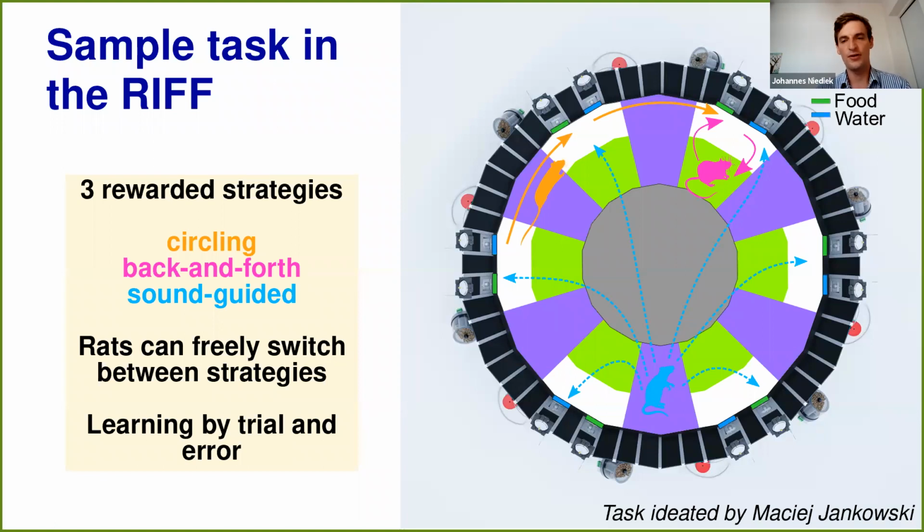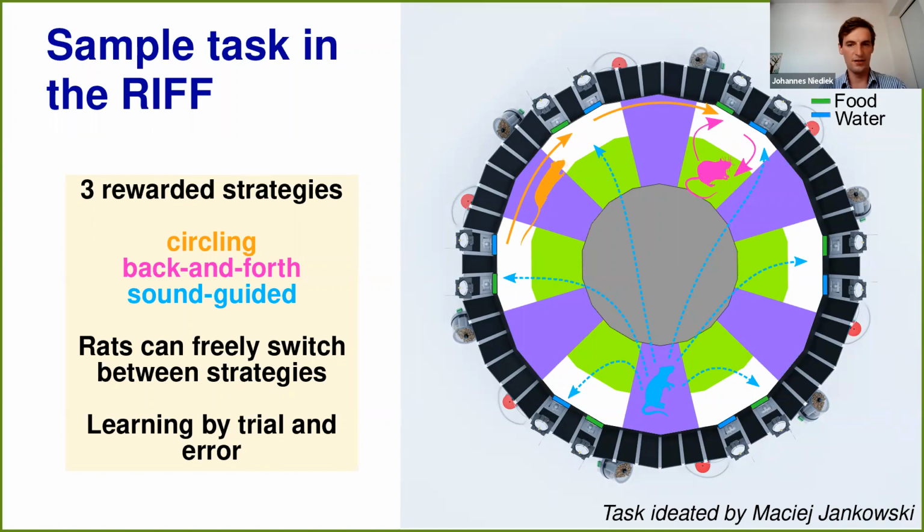So here, the rats have to move backward and forward from the green areas to the white areas and can eat food whenever they reach the white areas. And the third strategy is sound guided, meaning that the rat has to wait in a purple area, then a sound is played, and the rat has to go to one of the white areas according to what the sound is and get a reward there.